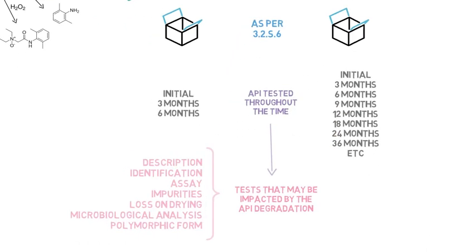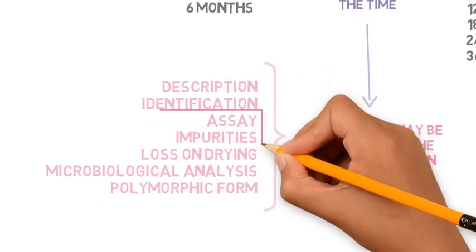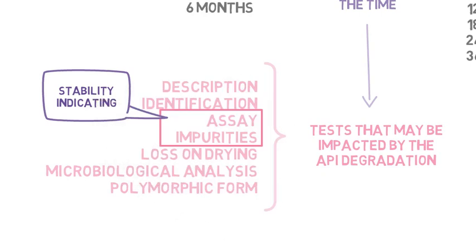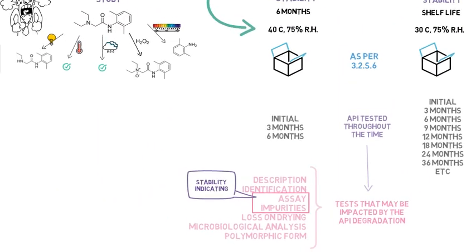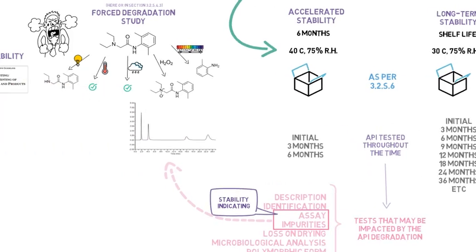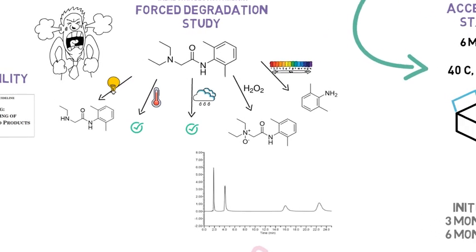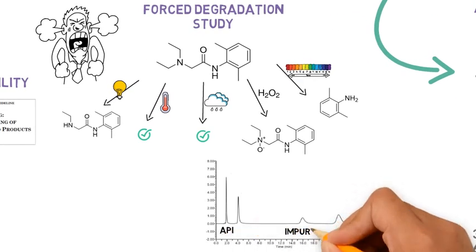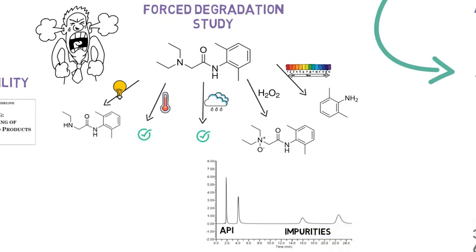Besides, we need to be sure that the assay and impurities methods that are used in these studies are in fact considered stability indicating. And here comes the second objective of the forced degradation study, demonstrating that this combination of methods for assay and impurities is capable of specifically separating and quantifying the API and all the expected degradation impurities.